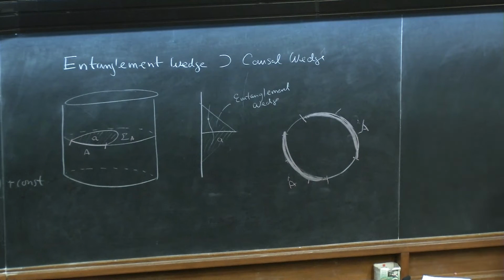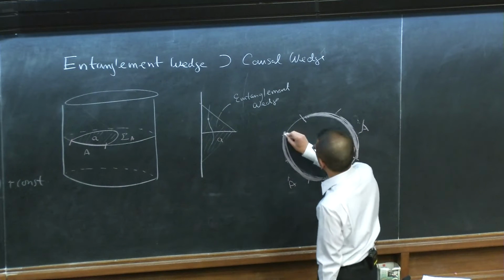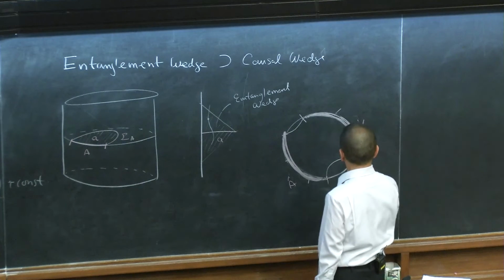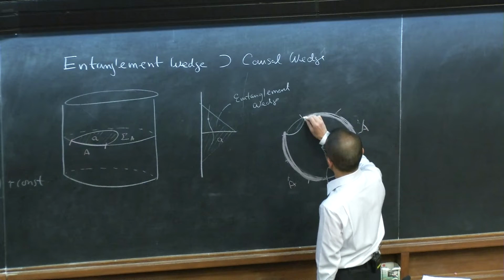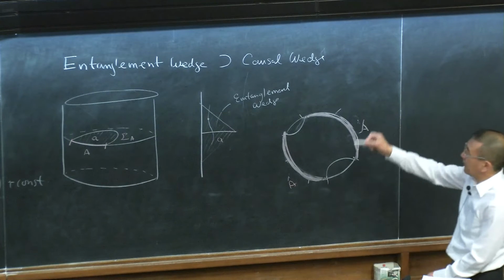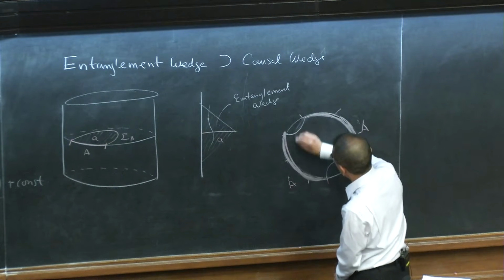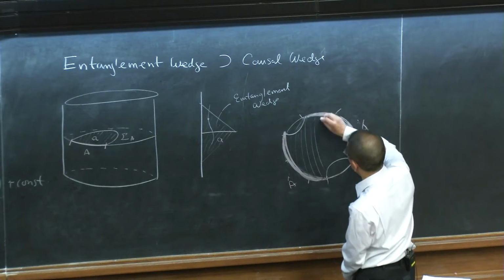So in this case, if you are interested in the Ryu-Takayanagi surface, you'll be choosing this type of boundary. So then from this definition, the entanglement wedge would choose this.